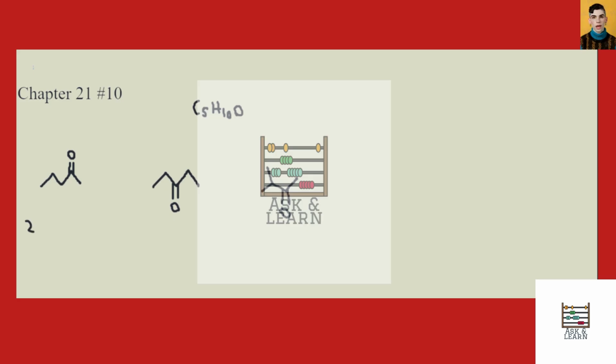So this is going to be 2-pentanone. Okay. So likewise, the second one is a straight 5-carbon chain. And regardless of which side we start counting from, the ketone is on carbon number 3. So this will be 3-pentanone.